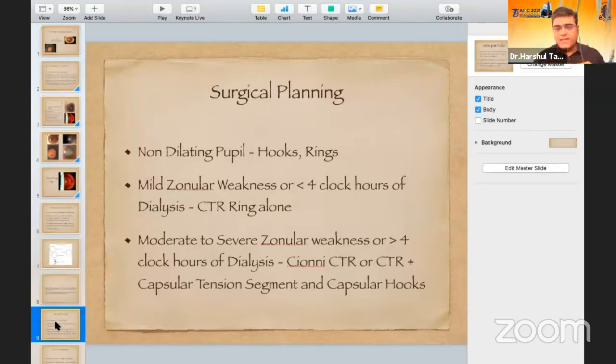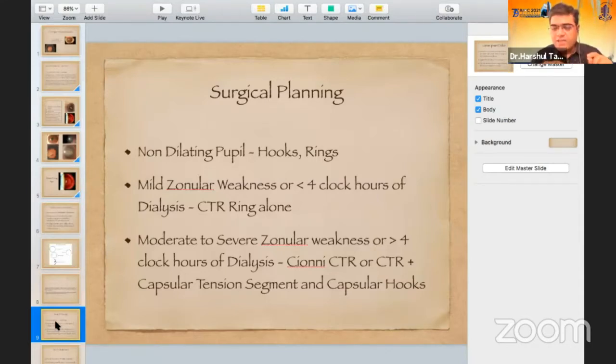So how do we plan surgically these cases? If we have a non-dilating pupil, we may need to use iris hooks or rings. If we have a mild zonular weakness, or if the dialysis is less than 4 clock hours, CTR alone can suffice. But if there is moderate to severe zonular weakness, or greater than 4 clock hours of dialysis, CTR alone will not suffice.